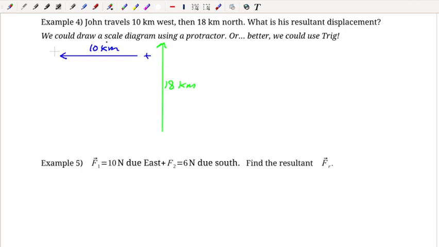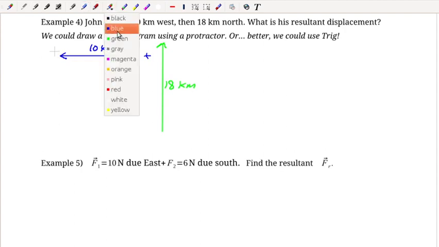As long as the 18 is longer than the 10, I'm happy. And I want to find the result, which would be if I put these tip to tail and connected start to finish. So to do that, I need my tip here.